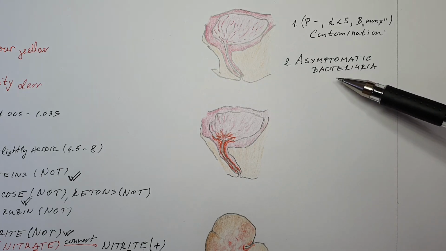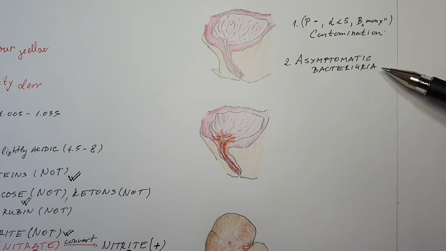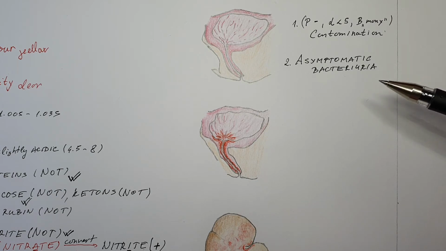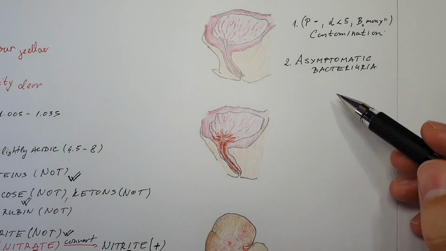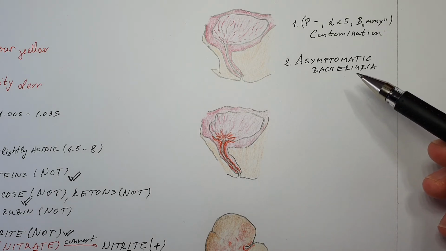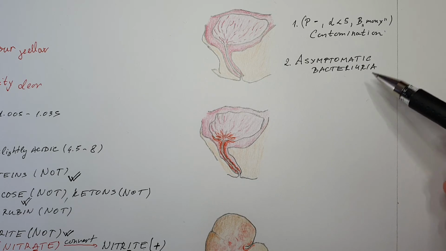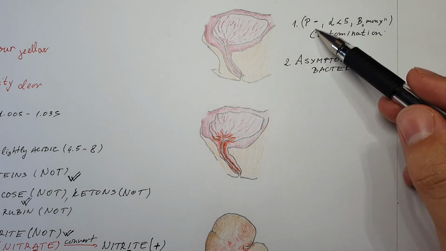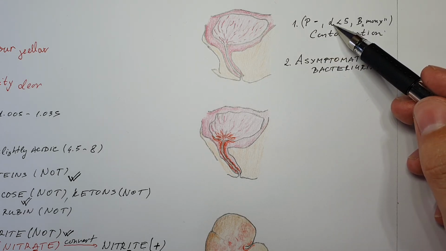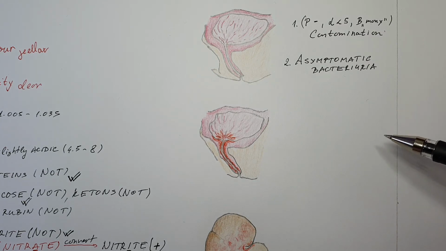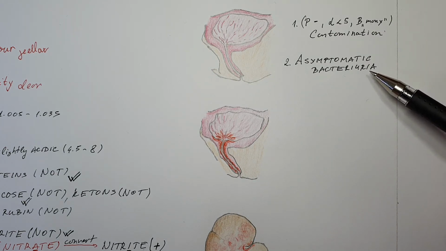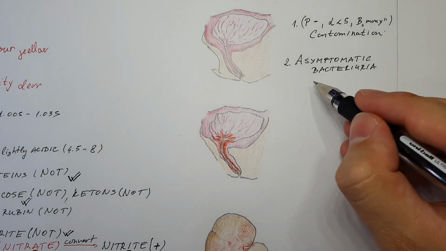He has no symptoms, and he has taken his urine correctly, but the urinalysis is telling us that the patient is having, for example, negative proteins, more than 5 leukocytes, and many bacteria. But the patient is a young patient, he is not in the risk group, and he has no symptoms.